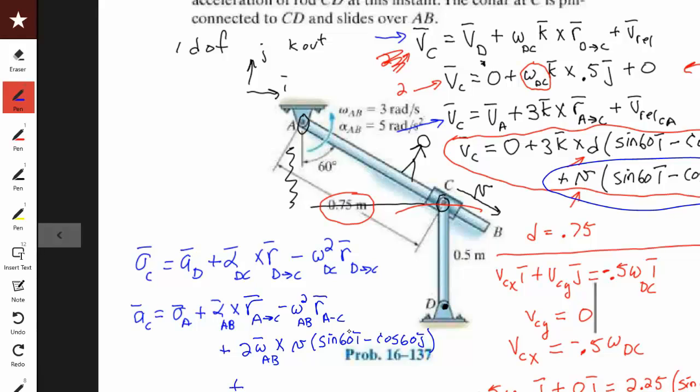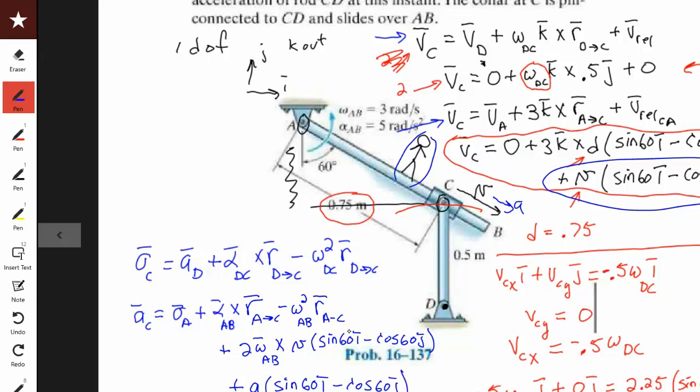And the A rel you get by pretending to stand on the pipe, and I think that maybe it is accelerating out this way. I'm just going to call it little a. So it'll be little a, but it's along the pipe, which will be sine of 60 I minus cosine 60 J.